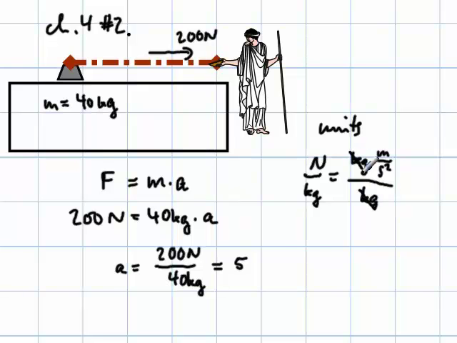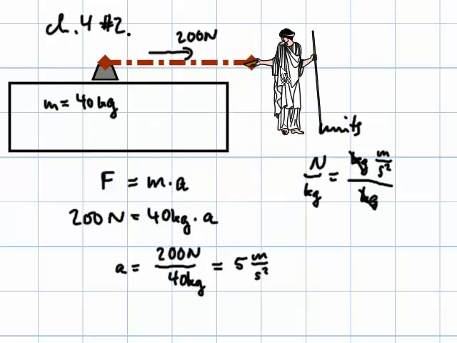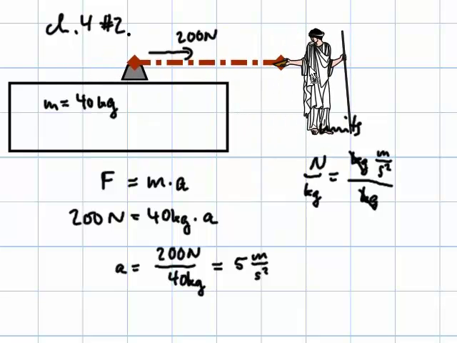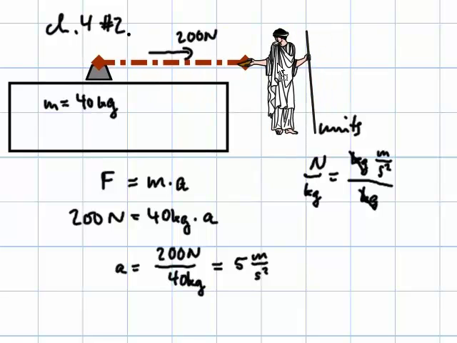So when we do that, we come up with meters per second squared, just as we should. So that means that the block is getting faster and faster relatively quickly, and at 40 kilograms, 90 pounds, it's kind of questionable that anybody could do that for a long time. So maybe just for a split second. It doesn't say for how long in the problem, but it just says what's the acceleration of a 40 kilogram block.